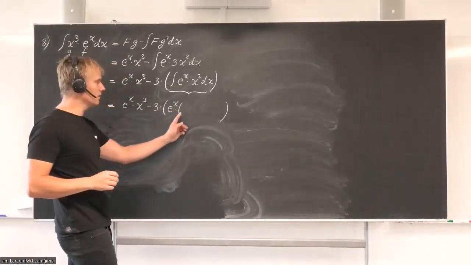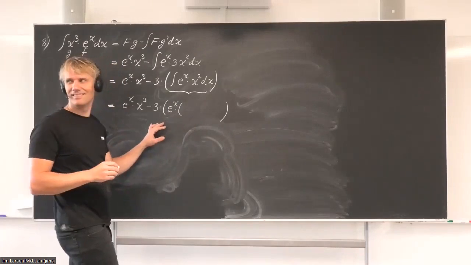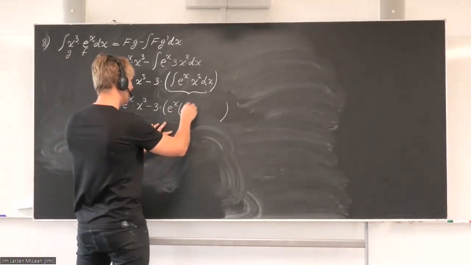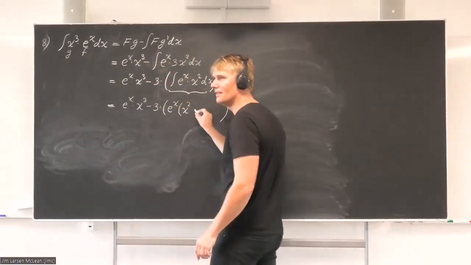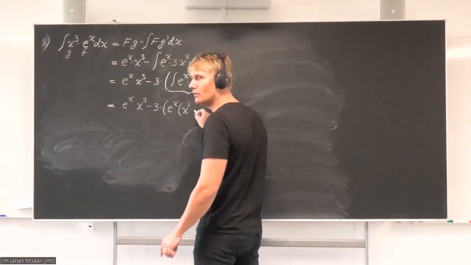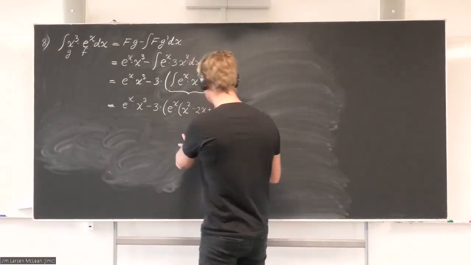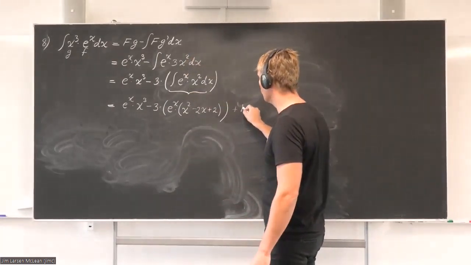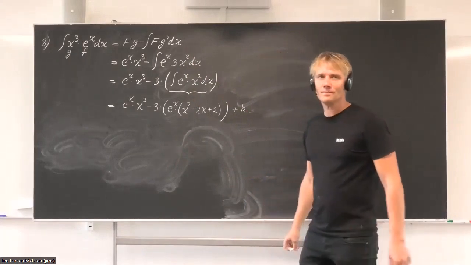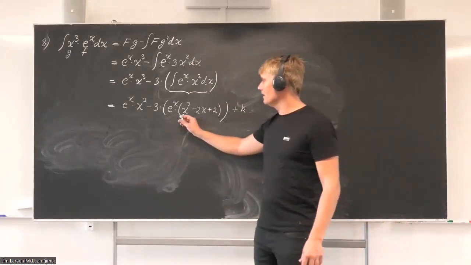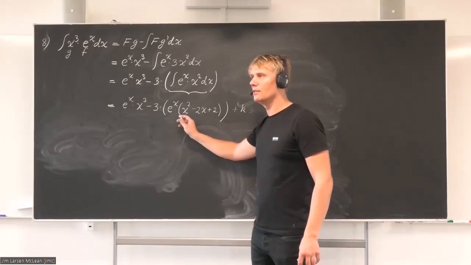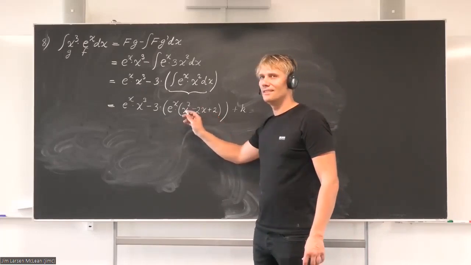What was written here? Minus 2x or something like that. Minus 2x plus 2. And then we need to remember to write plus k at the end. I assume that's right. I just can't remember what I got. Is that correct?